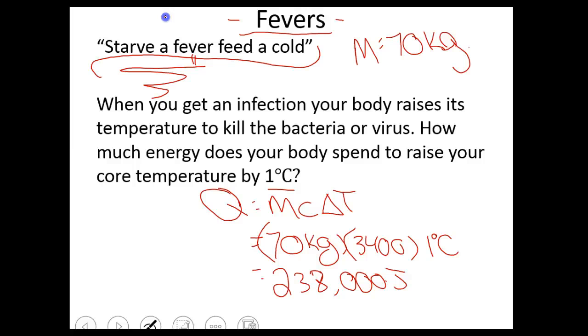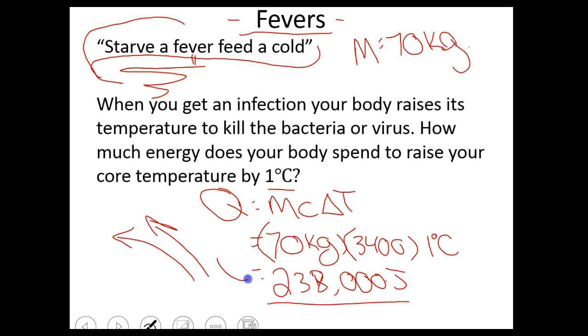And so really, this is kind of irrelevant, right? Your body's going to get that energy however it needs. But this is part of why you feel so very tired when you run a fever, right? You need to rest so that your body can do its business and take care of things. And you don't have other energy outputs going other places, drawing away from your body's natural defense.